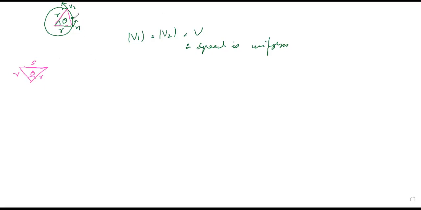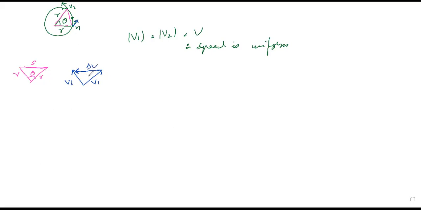The other triangle: if I draw v1 and add the other velocity by the head to tail rule, it would give me these two components. I'm drawing a unit vector here for the completion of the head to tail rule. Let me draw this a little bigger. This is v1, by head to tail rule this is v2, and this is the resultant vector, del v.